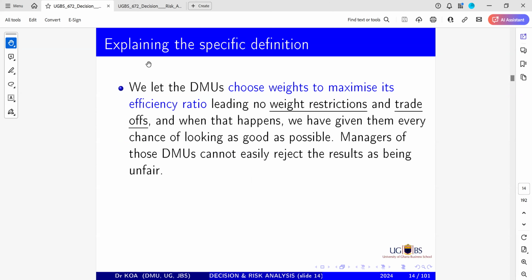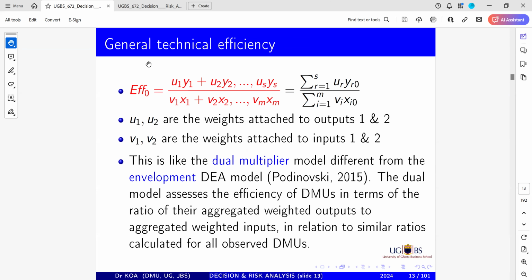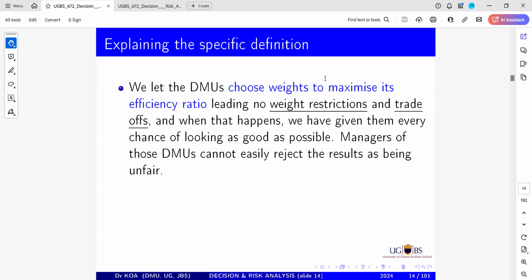Let's try to explain what the DEA model is. As you can see, it says the weighted output divided by the weighted input, they are summed. What does that mean?